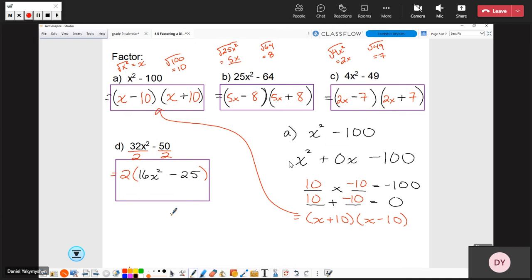Okay? And can we factor that a little bit further? Absolutely. Keep the 2 out front, and we should have something with a minus, something with a plus. So I think we're going to say here, square root of 16x squared is 4x. 4x will go in the first position. Square root of just the 25 here will be 5.